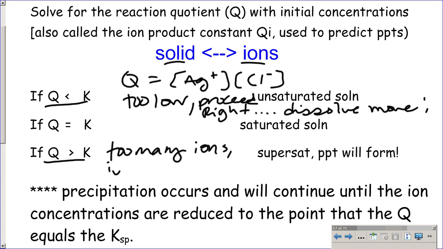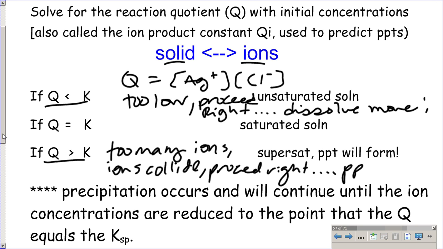Right, the ions collide and stick together, which forms solid precipitate. So ions collide, proceed left, and so precipitate forms.